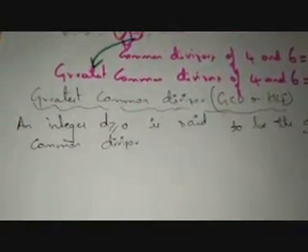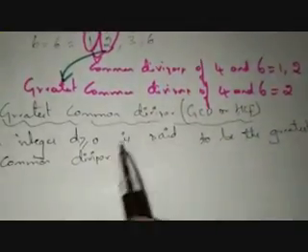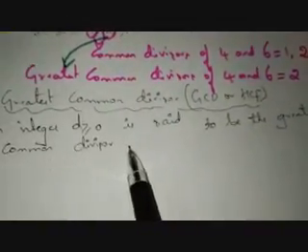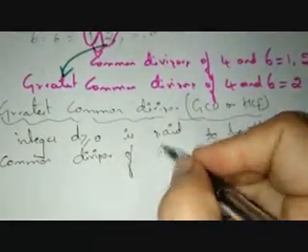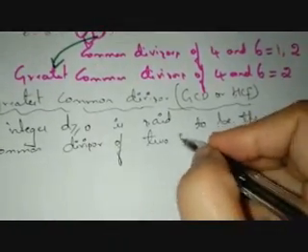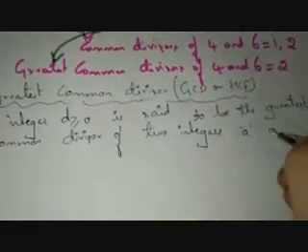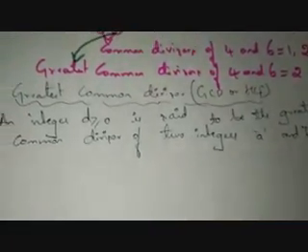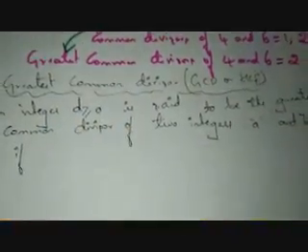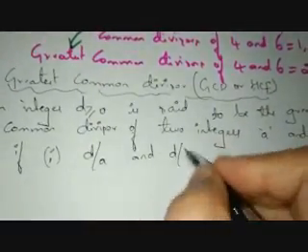An integer d greater than or equal to 0 is said to be the greatest common divisor of any two integers, let me take them as a and b, if these conditions are satisfied. The first condition is that d divides a and d divides b.